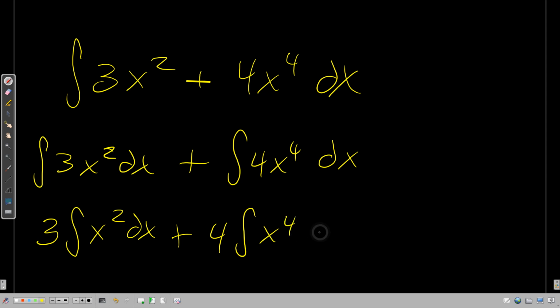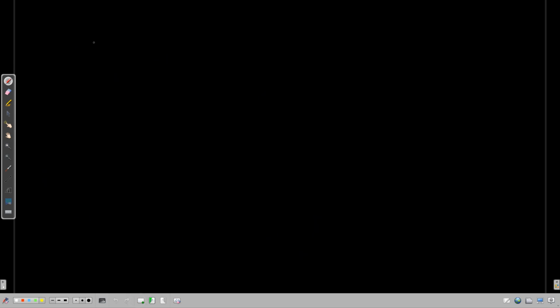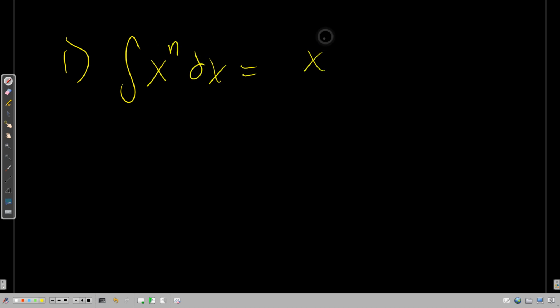And now when you have it broken down like this, all of a sudden you really are integrating something that precisely follows that x to the n rule that we have. Because remember, for integration, you don't have many rules at all. You have the x to the n rule that says this antiderivative is x to the n plus 1 over n plus 1.